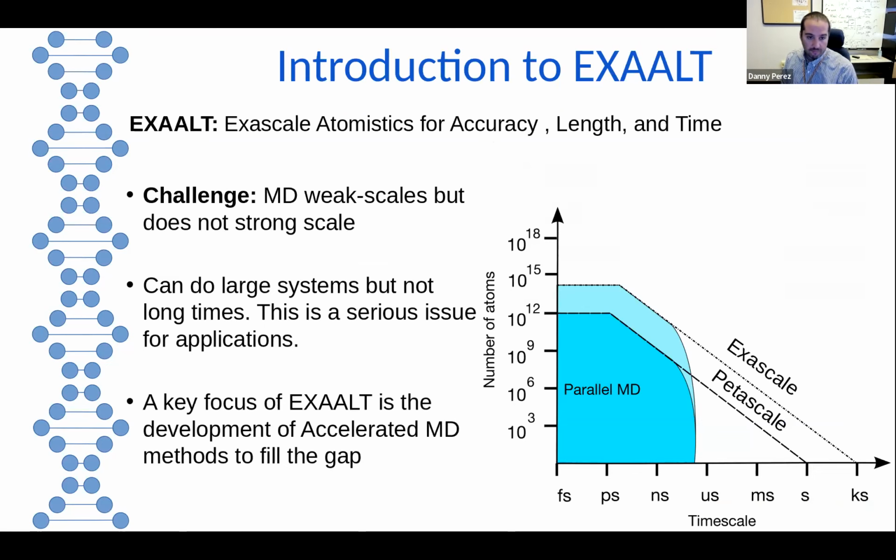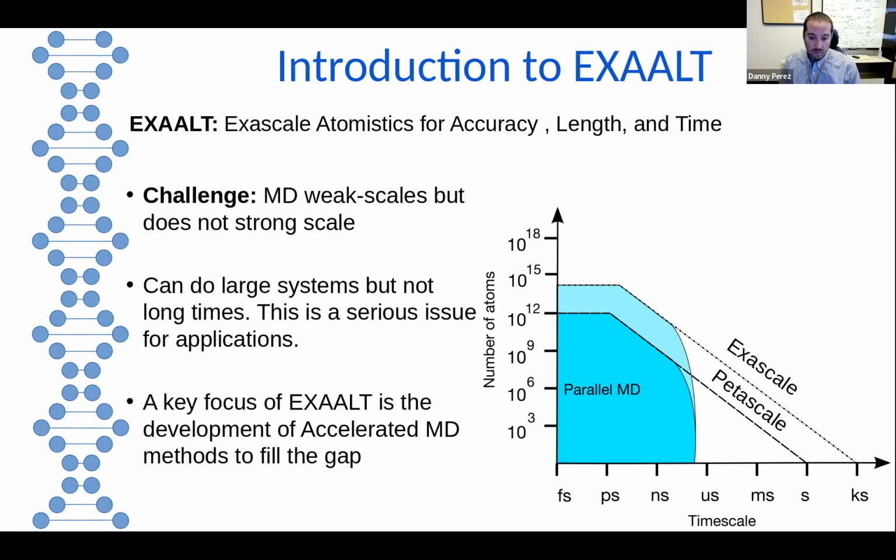Next slide, Sean. So EXALT stands for exascale atomistics for accuracy, length, and time. As this suggests, our goal is to give the users access to as much of the accuracy, length, and time simulation space as possible. And some axes are harder than others to scale along. So molecular dynamics traditionally uses domain decomposition to parallelize.